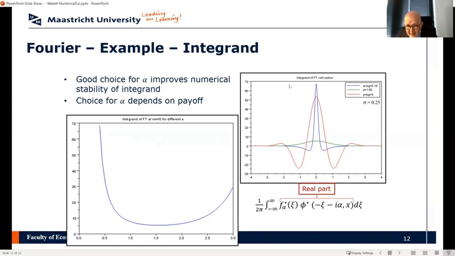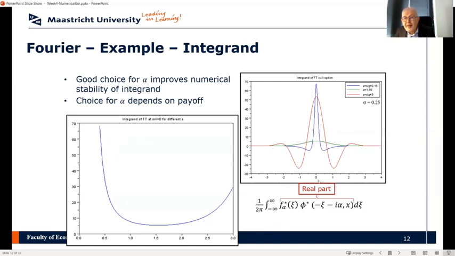And the last thing that you sometimes see, and I think Carr and Madan have this formula as well, this function that you have here, the real part of this integral, is a so-called odd function. So this is perfectly symmetrical in the negative and the positive values. And this is a property of a Fourier function. So for the numerical integration, you can also say, I basically do this integral from 0 to infinity.